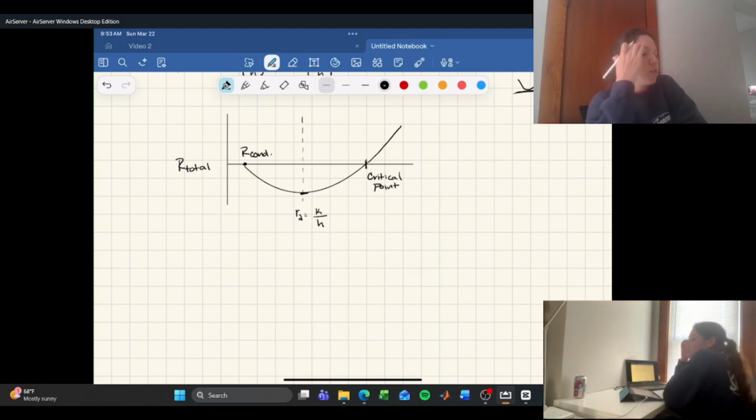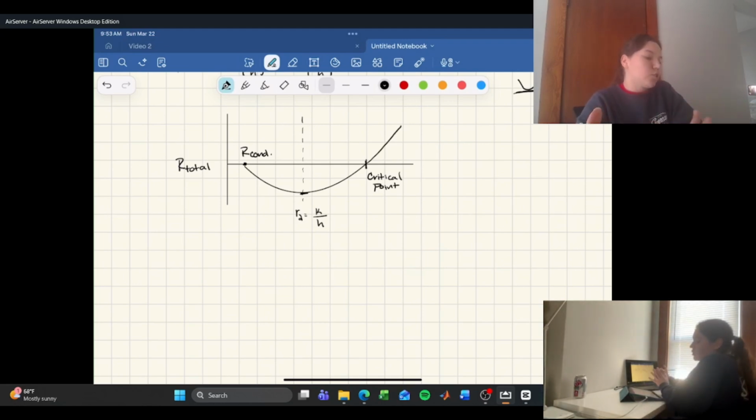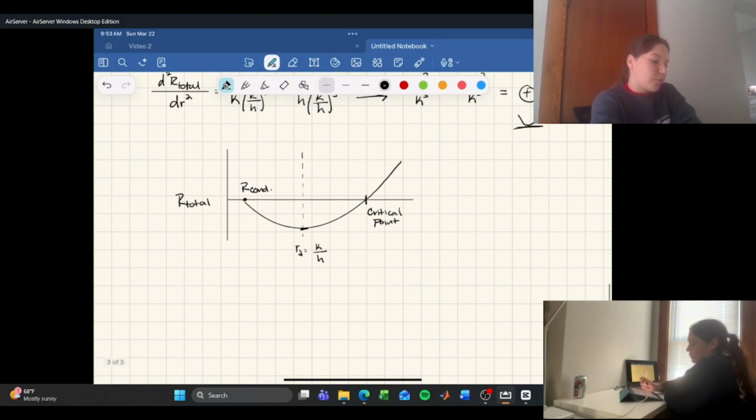Yes. And the more insulation you put, eventually the thermal resistance will increase. But it is interesting that at R2, that's the minimum amount of heat transfer for this example. But the more you increase the insulation, once you get past the critical point, that'll only increase the amount of thermal resistance you have for the system.